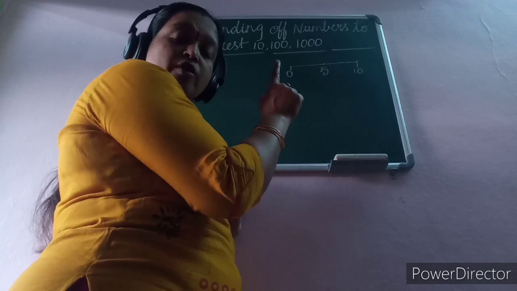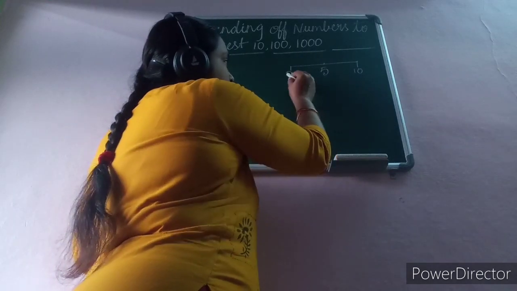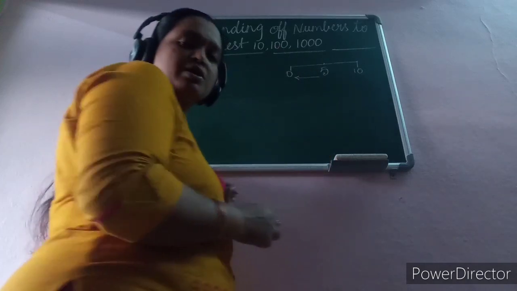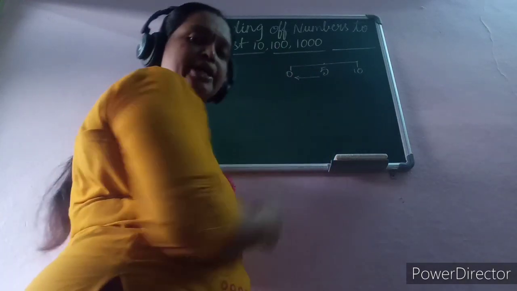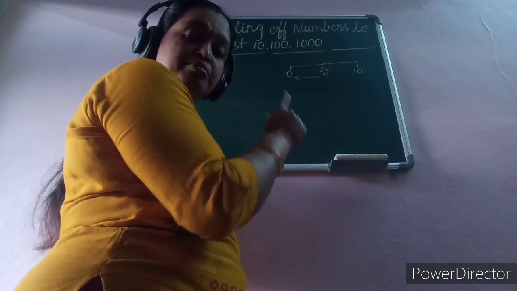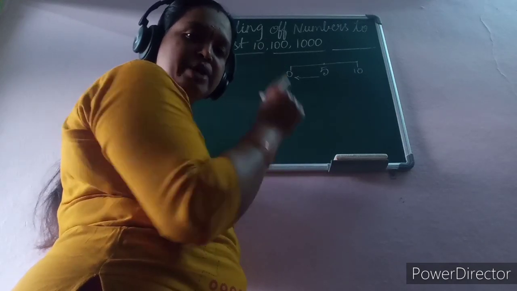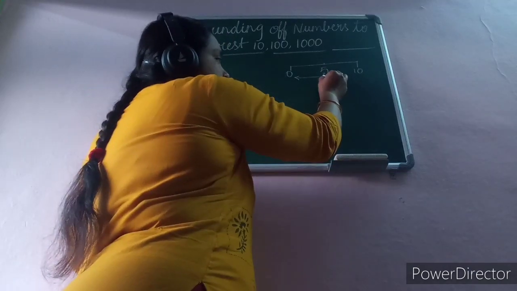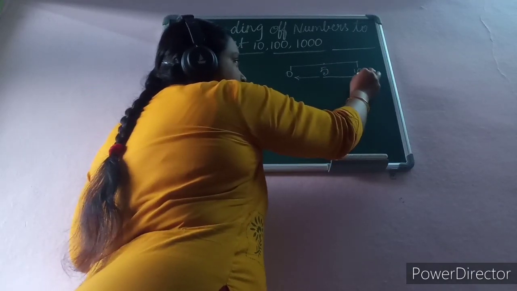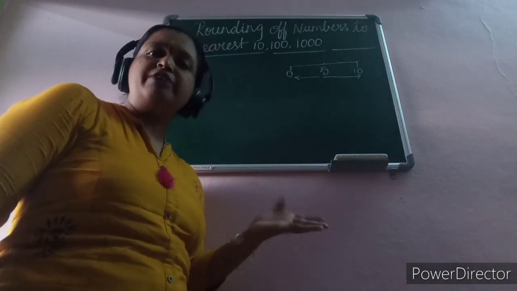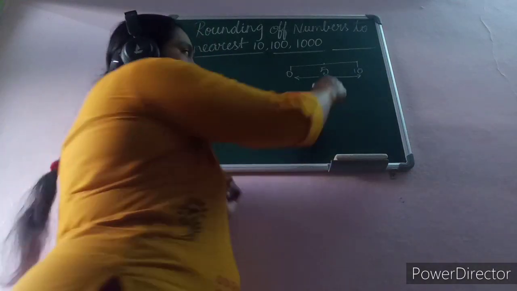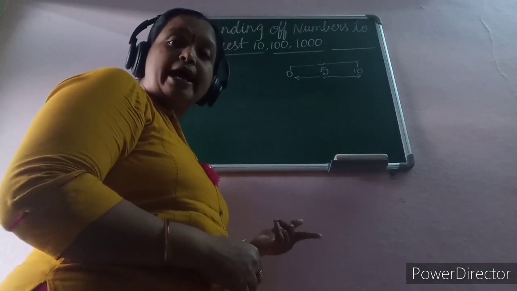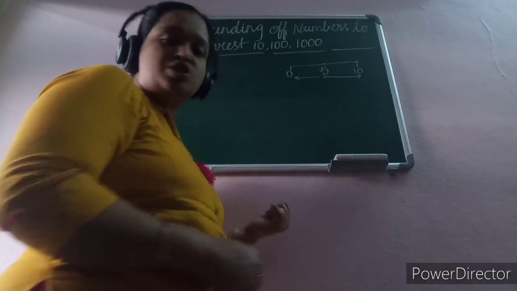When you are rounding off to the nearest 10, if the number in the ones place is less than 5, the number in the tens place remains the same. You need not do anything. If the number in the ones place is more than 5 or equal to 5, that is, it lies in the range of 5 to 10, then you should add 1 to the number in the tens place.